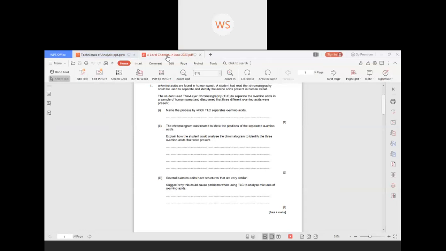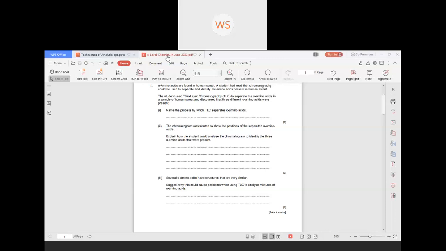Several amino acids have structures that are very similar. Suggest why this could cause a problem when TLC analyzes mixtures of alpha amino acids. Actually, the RF values are ridiculously similar, so it's very hard to compare when the RF values are similar, because they have basically the same structure, same amine, same carboxylic acid.